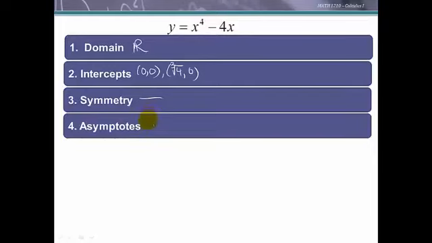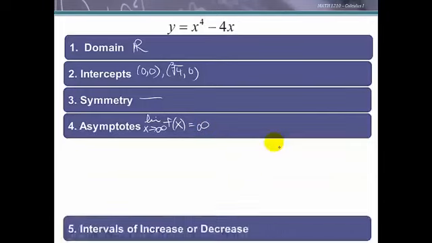But one of the things we could consider, there's no vertical asymptote, but we could look to see what this function does as we approach infinity or negative infinity, and we can see that this will just keep getting larger and larger and larger, and so it's going to approach infinity.